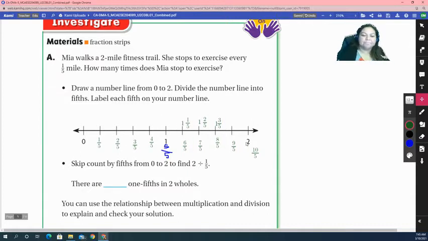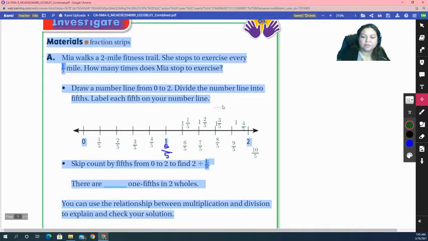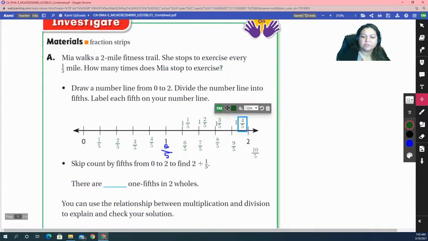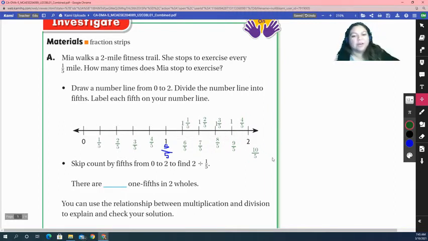And the last one would be 1, and if you subtract 5 from 9, that's 4. So that's 1 4/5. So there we have it, both as a fraction greater than 1 and as a mixed number.